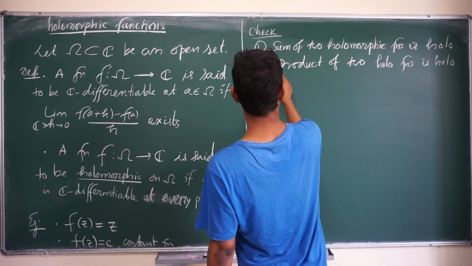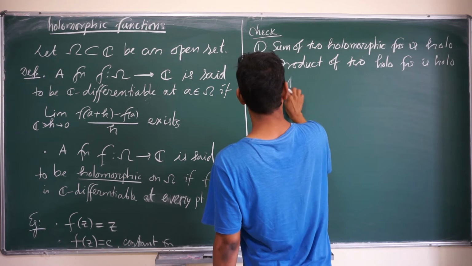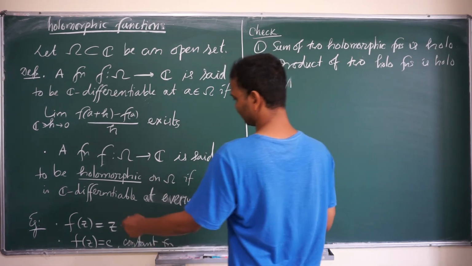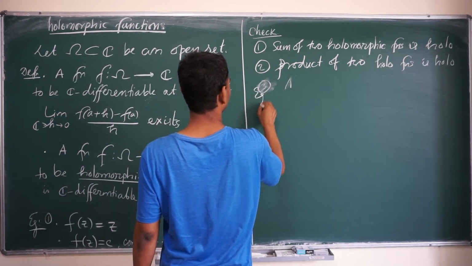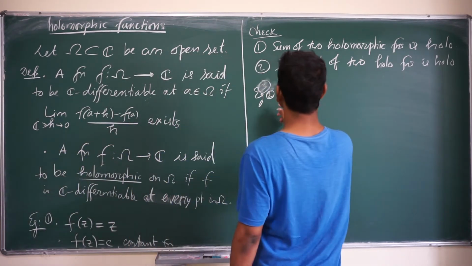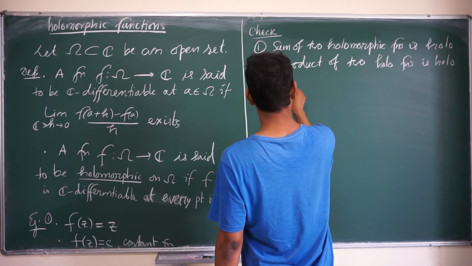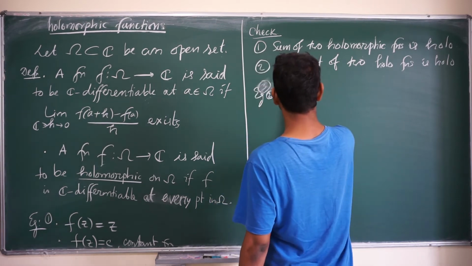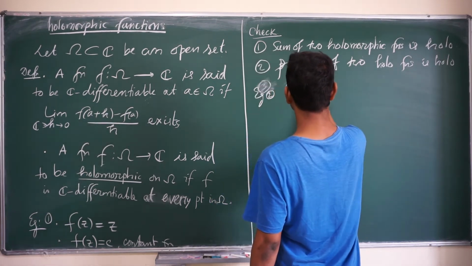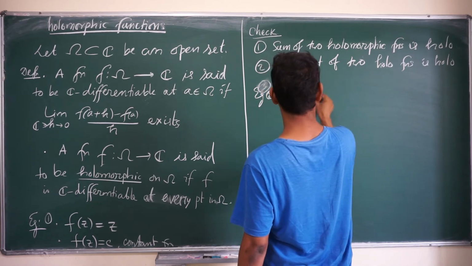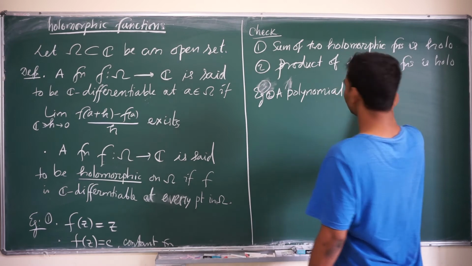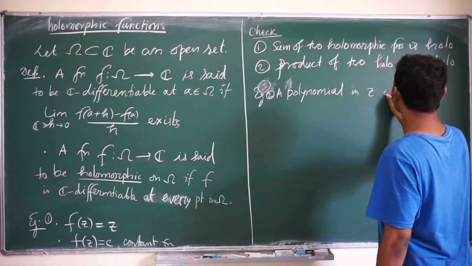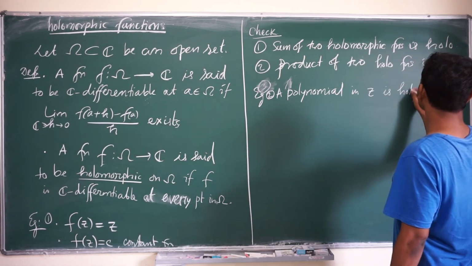So hence this is example 1, example 2: a polynomial in the z variable is holomorphic.